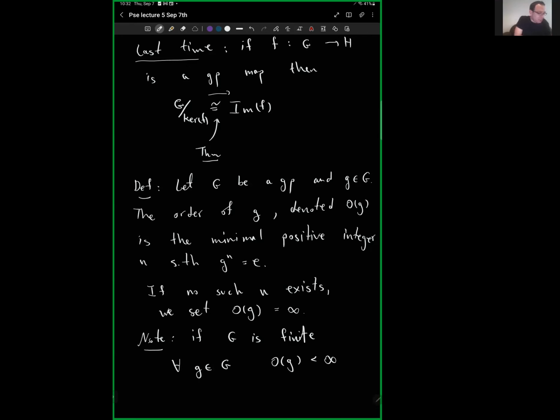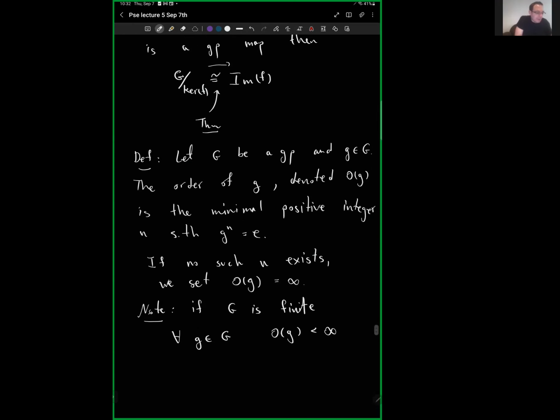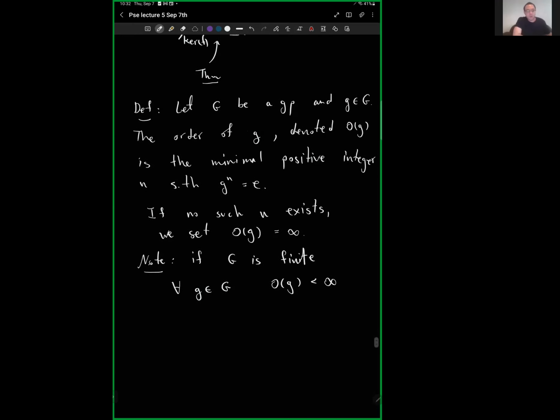So at some point, g to the n must be equal to e. And what we want to do, for finite groups, is to decompose the group into sort of clusters of elements of the same order. So for this, we're going to do a little bit of elementary number theory.